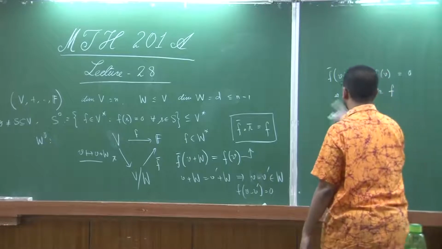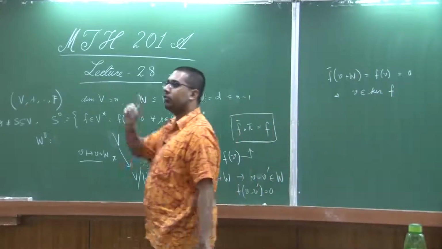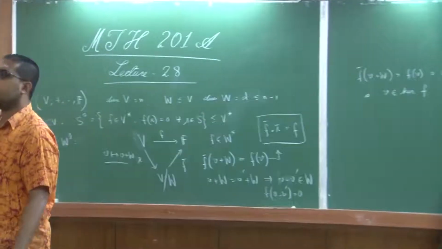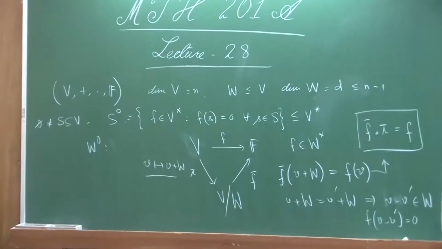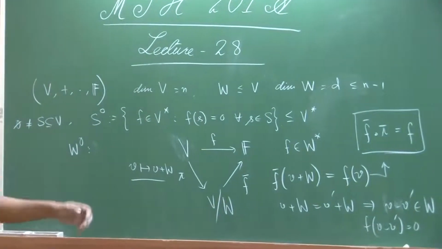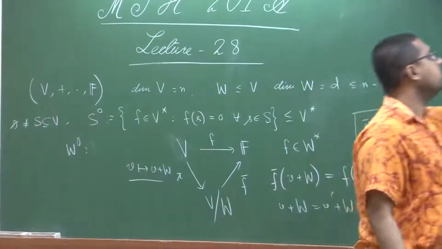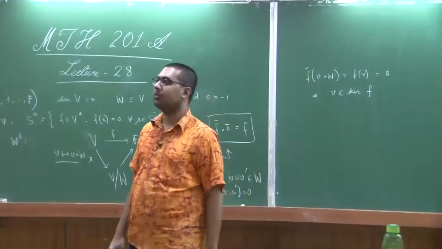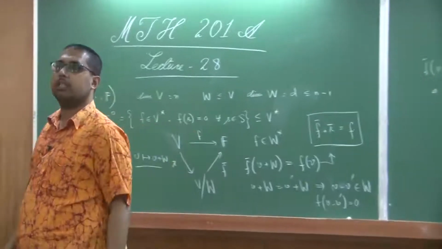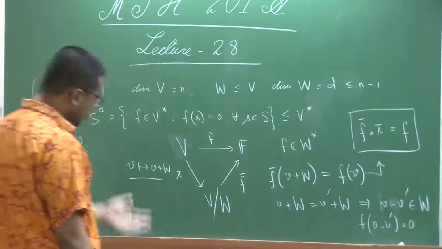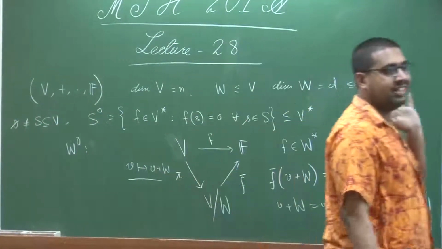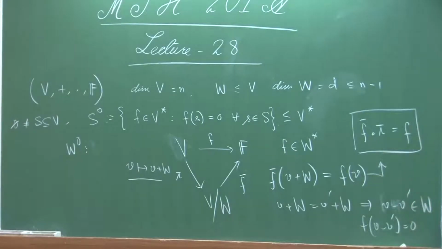So, if you take a vector v from the kernel but outside W, because W is a subspace of the kernel, then you see f bar of v plus W goes to 0, which is a non-zero vector which goes to 0. Therefore, this map cannot be injective. This is injective if and only if W equals the kernel of f.